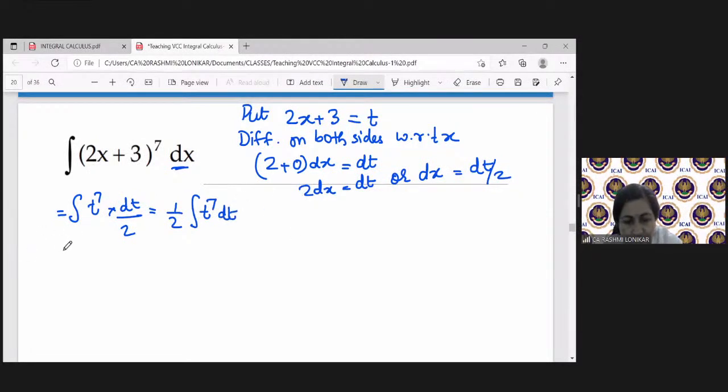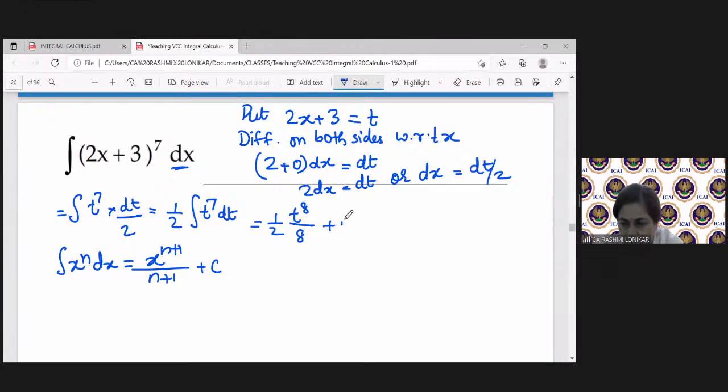Which formula am I using? Integral of x raised to n dx is equal to x raised to n plus 1 upon n plus 1 plus c. So this is equal to 1/2 into t raised to 7 plus 1, which is 8, upon 8, plus c. Now 1 upon 2 into t raised to 8 upon 8, this is multiplication, so this is equal to t raised to 8 upon 16 plus c.